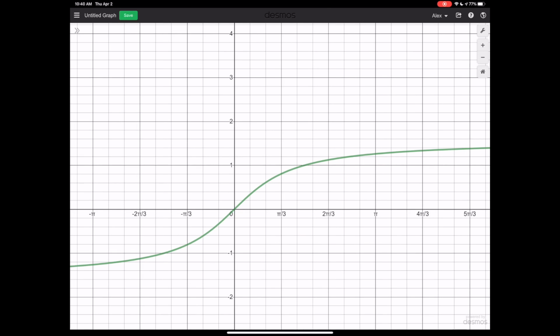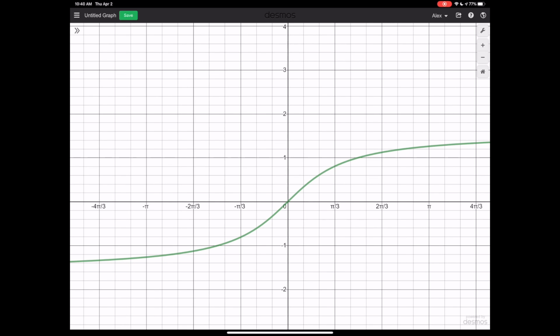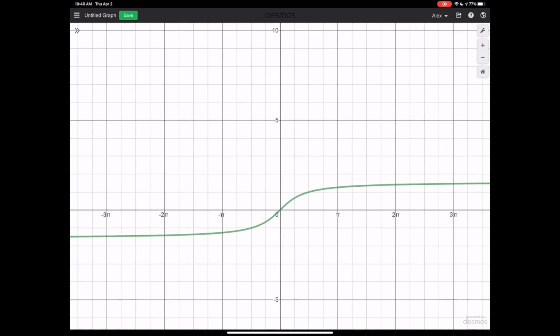Now there's something interesting that happens here, and this is why you see this sometimes in calculus: it looks like the graph will continue to rise and continue to fall infinitely, almost like a cube root graph. But as I zoom out, I actually do not.